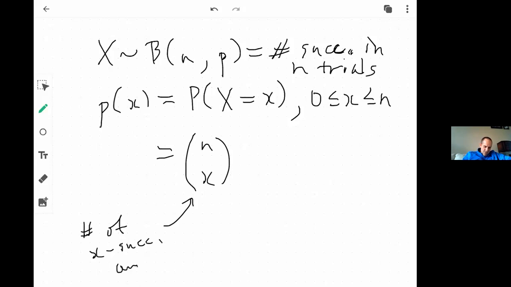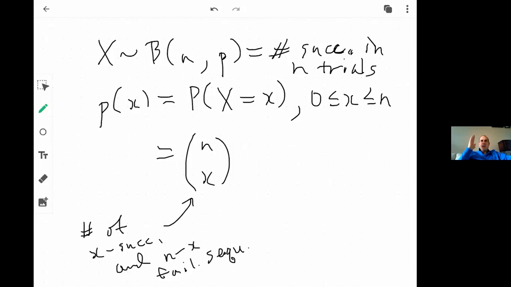Each of those sequences occurs with the same probability because the trials are all independent.